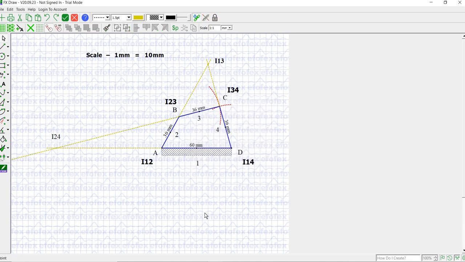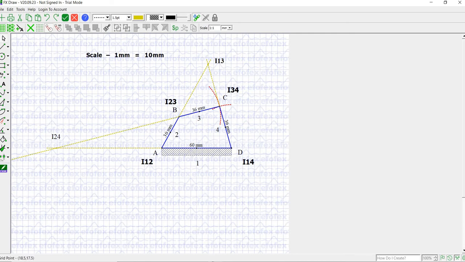So now we have located all the 6 instant centers, and our question is to find out the angular velocities of this link and this link. In the question it is given that the RPM of the crank AB is 100.